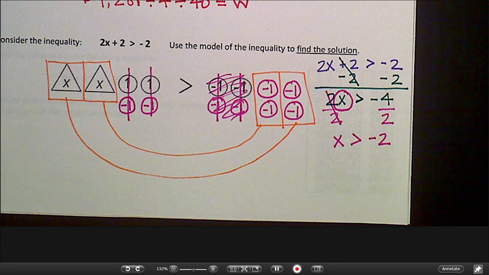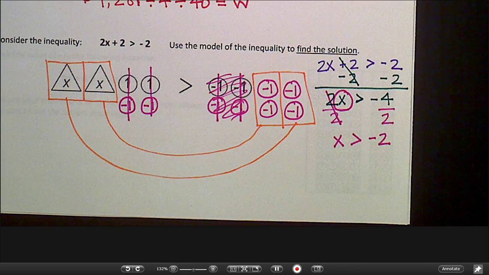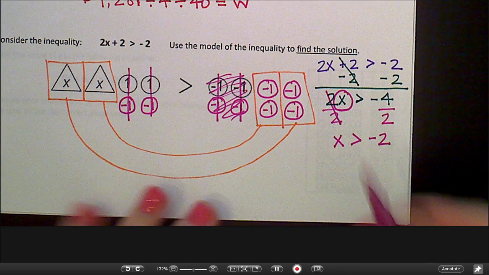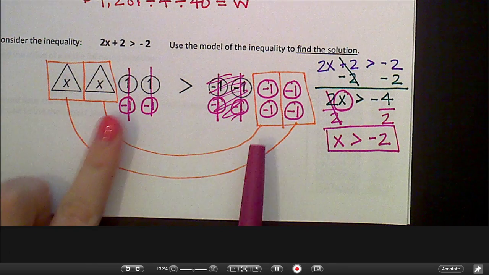Because it looks like you're dividing by a positive right now, and when you divide by positives, you don't have to flip the sign. Absolutely, that is correct. So because I'm dividing by positive 2, nothing happens to my sign. We keep it the same. And I have x is greater than negative 2, which is the same thing we got here.